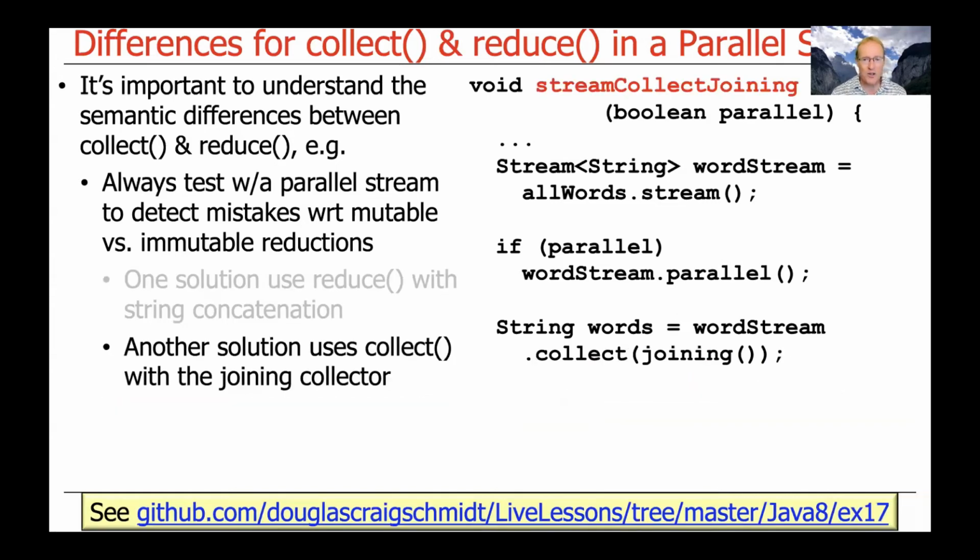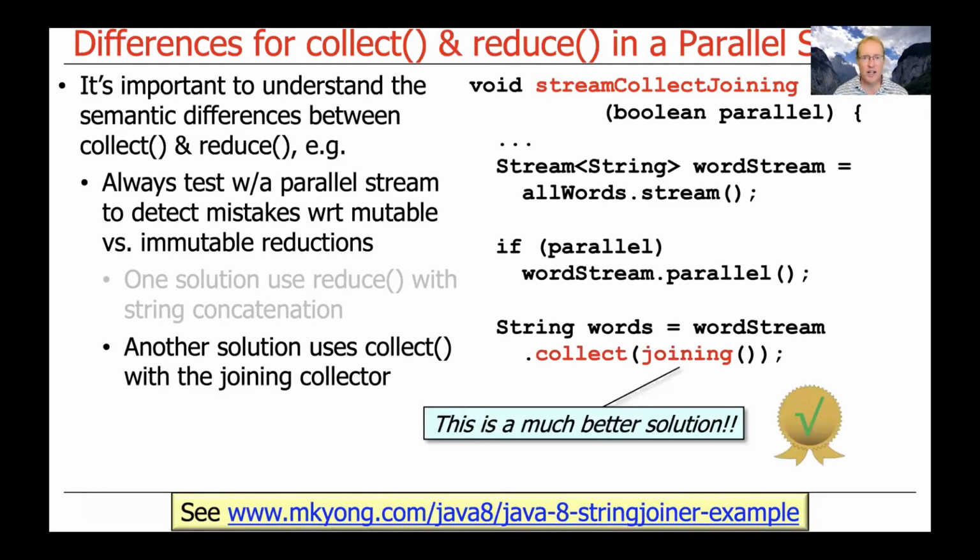Probably a better way to do things is to use collect instead of reduce. And in this particular case, we're going to use the joining collector. The joining collector is basically one that will work with a non-concurrent collector, so it'll work with parallel streams quite nicely, or sequential streams quite nicely.